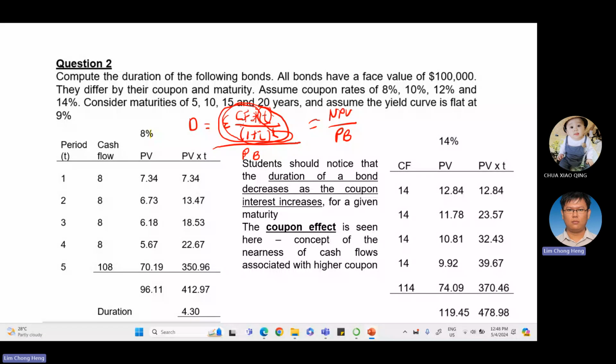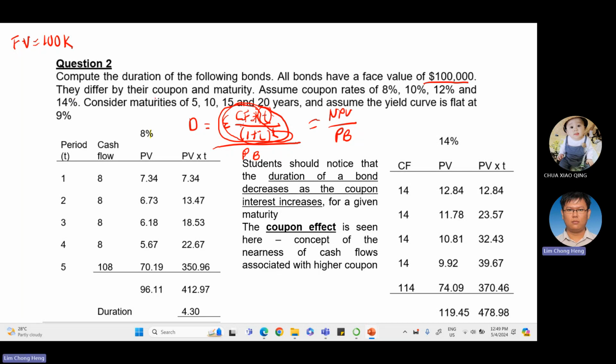I just use one example and then I give you another example to try. Now the bond face value is 100,000 ringgit. So future value is 100,000. K is 1,000.